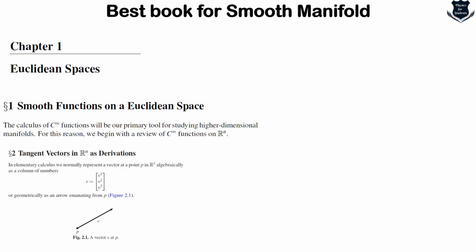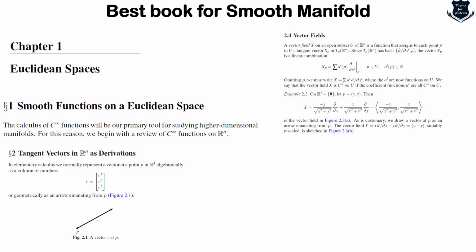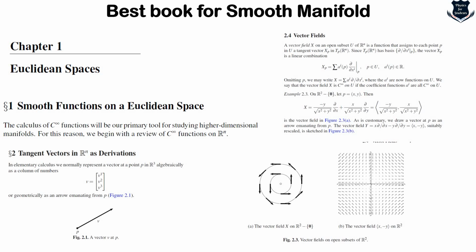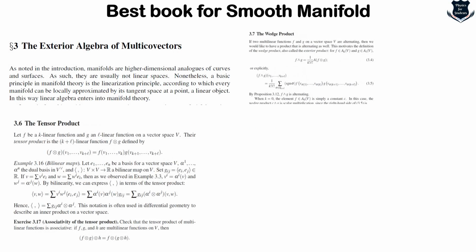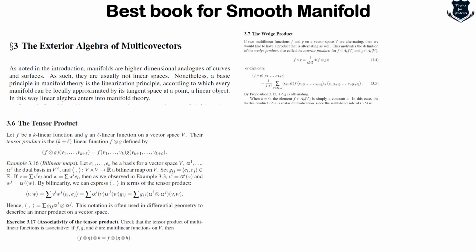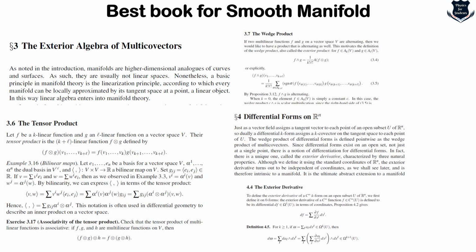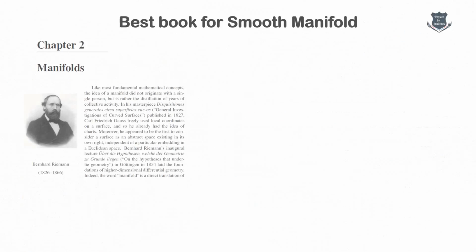So again, it starts with Euclidean spaces, smooth functions, and then it covers vector fields. You can see how these vector fields are nicely drawn. Then it goes into exterior algebra, multivectors, tensor product, wedge product. Then it comes to differential forms on Rn. So it is quite, I would say, a step-by-step understanding of the book.